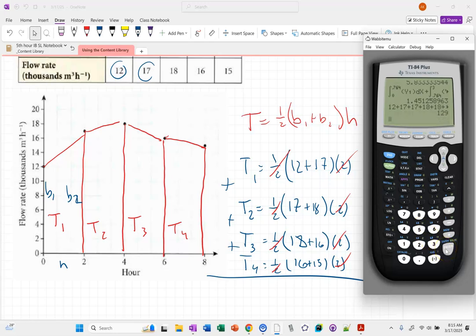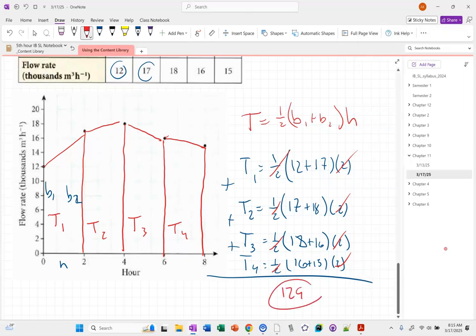So when I do that, I get 129. I guess that would be like cubic meters, because the flow was in thousands of cubic meters per hour is the rate. So 129,000 cubic meters.